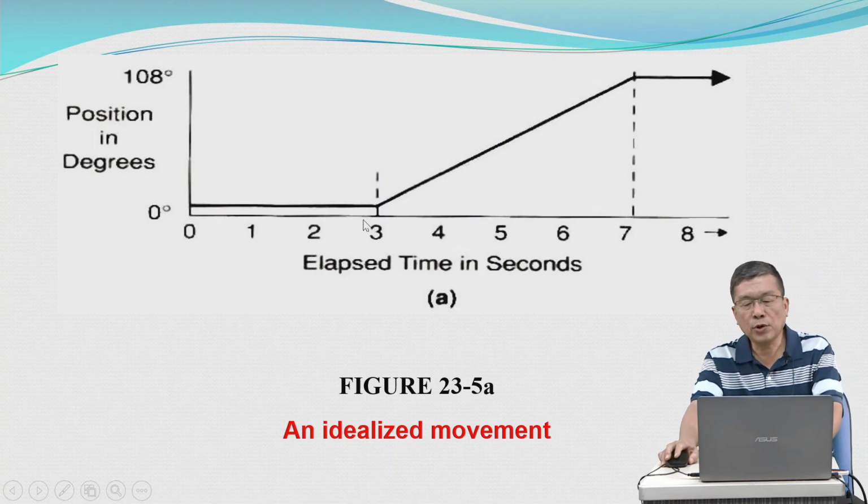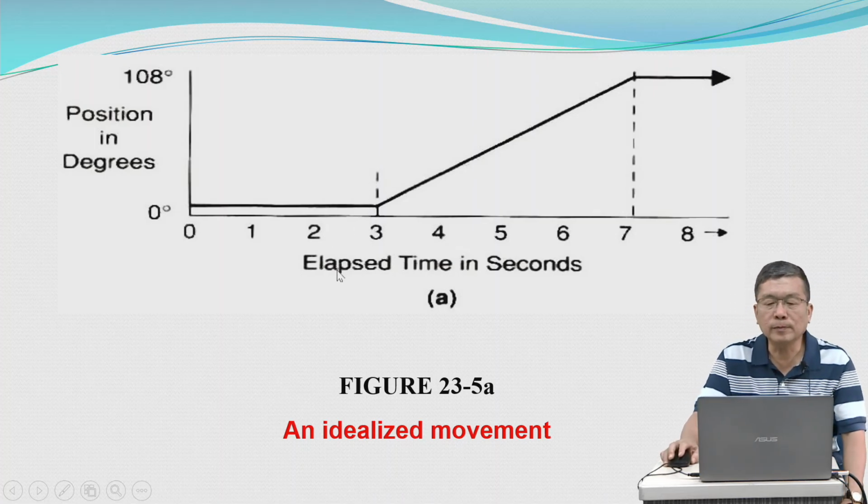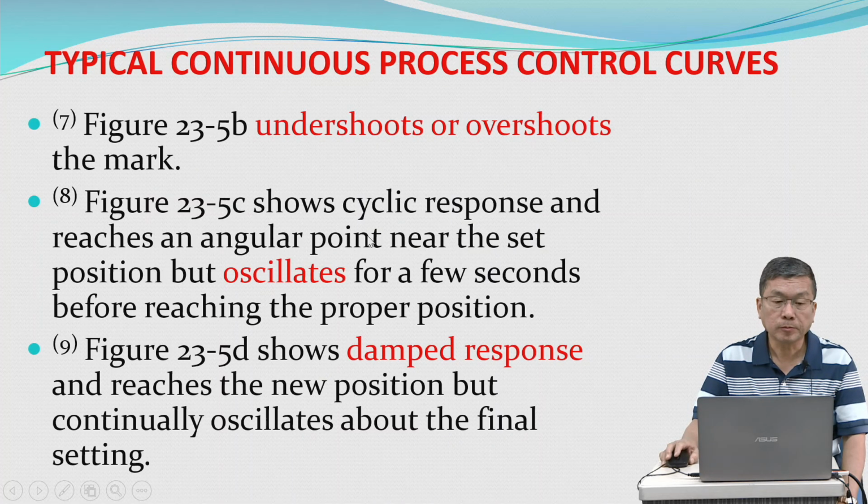This picture shows an idealized movement. Figure 23.5b undershoots or overshoots the mark.